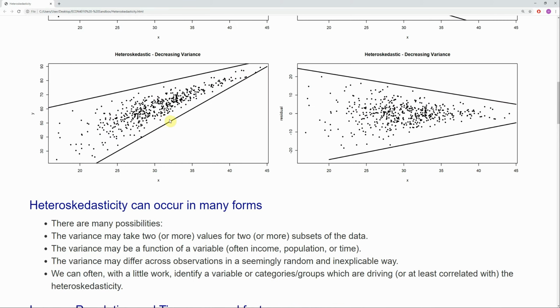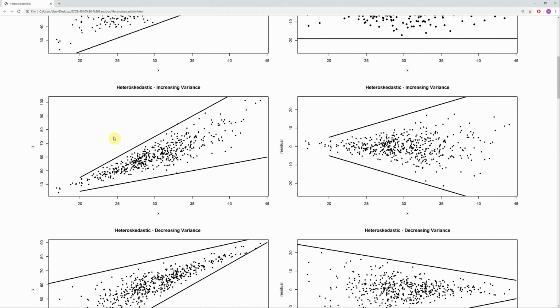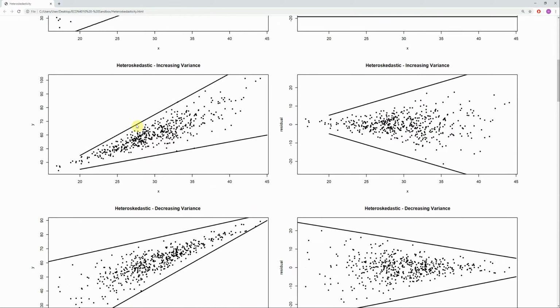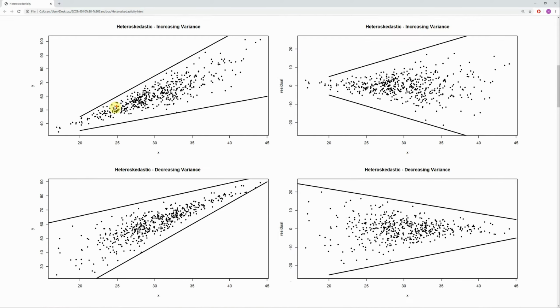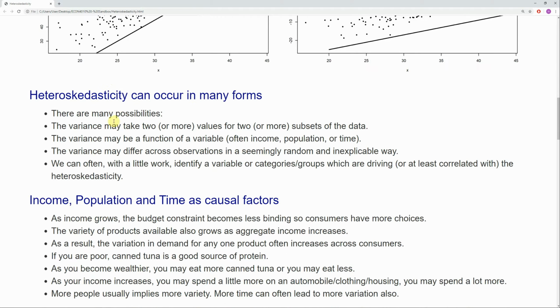Sometimes one part of your data is over here, and then all of a sudden it drops down and the other part is a little lower, or one part has wider variance and one part has shorter variance. Maybe it comes from two different groups, and one group has a smaller variance than the other group.